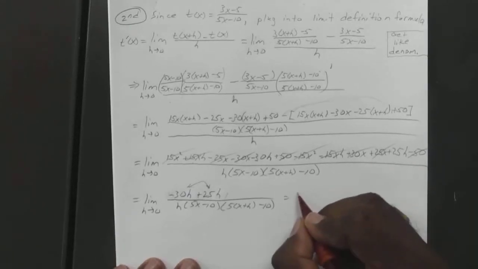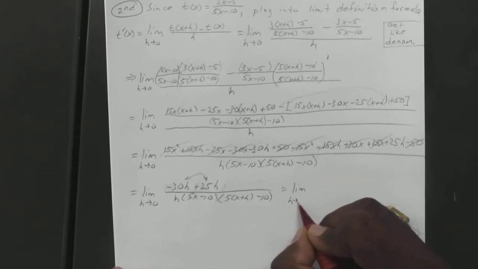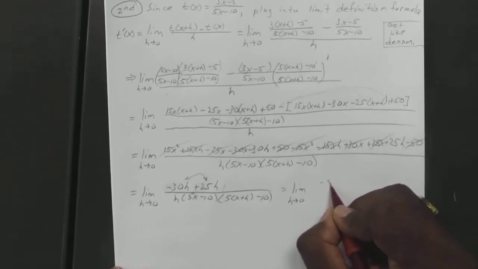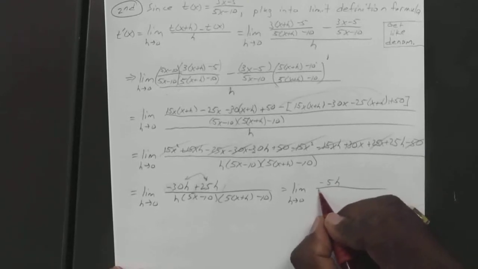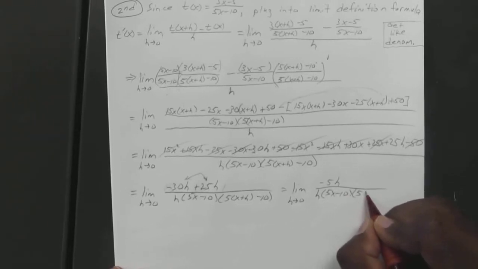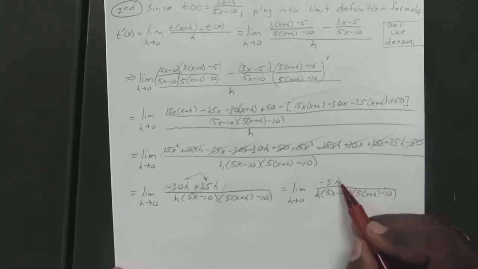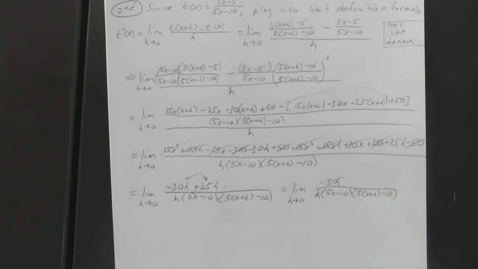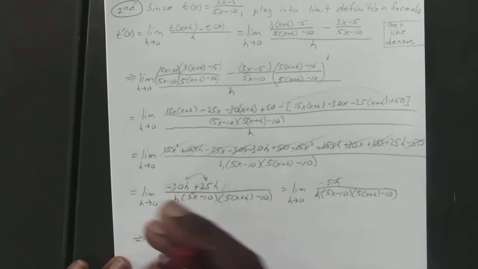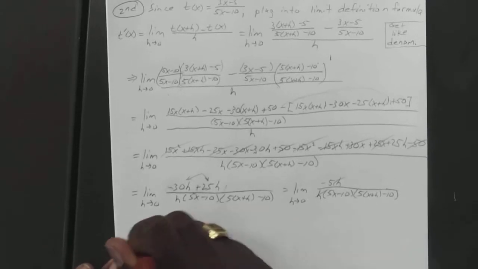Okay, so we have the limit as h approaches 0 of negative 5h over h times 5x minus 10 times 5x plus h minus 10. So that cancels out, which leaves us with our f prime of x equals, oh, still have a step to go. Don't want to skip any just yet.